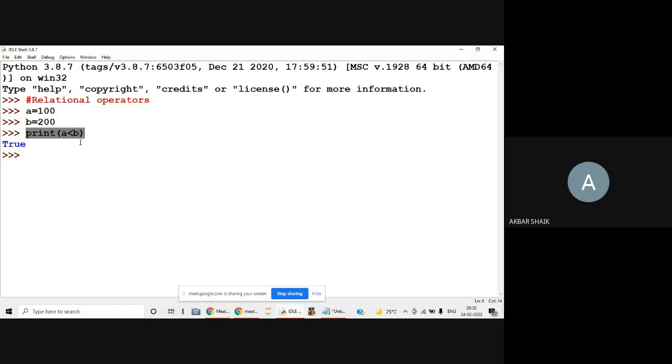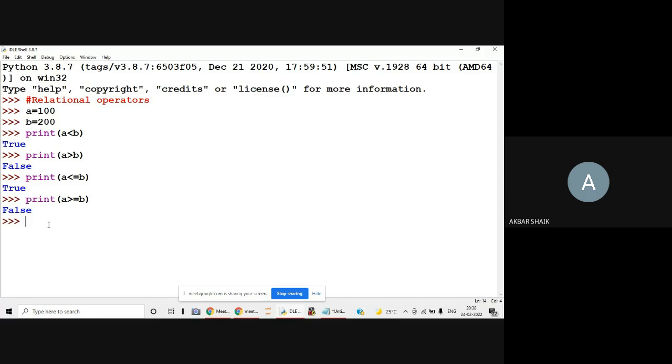Similarly, if you write A greater than B, it is going to return false because 100 greater than 200 is false. If I write A less than or equals to B, then it is going to return true. If I write A greater than or equals to B, it is going to return false.